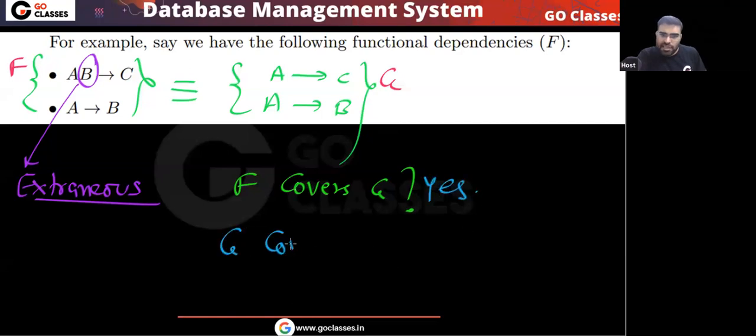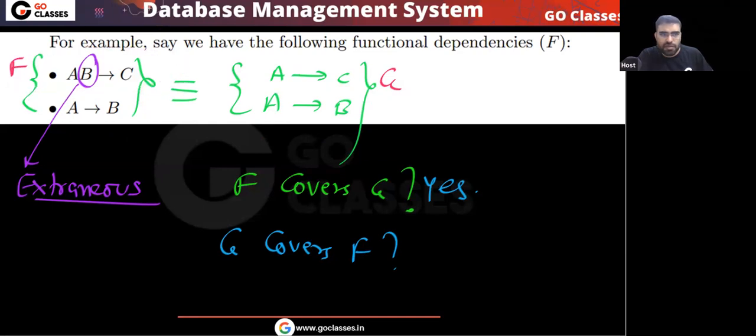Can I say G covers F? In this G, is this covered? Yes, this is covered. What about AB determining C?